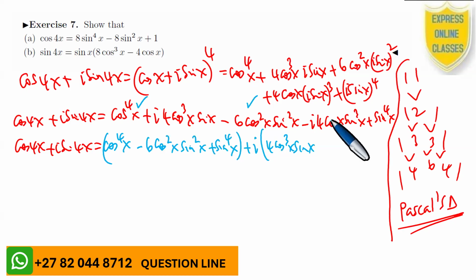There's i also here, which is minus 4 cosine x sine cubed of x.